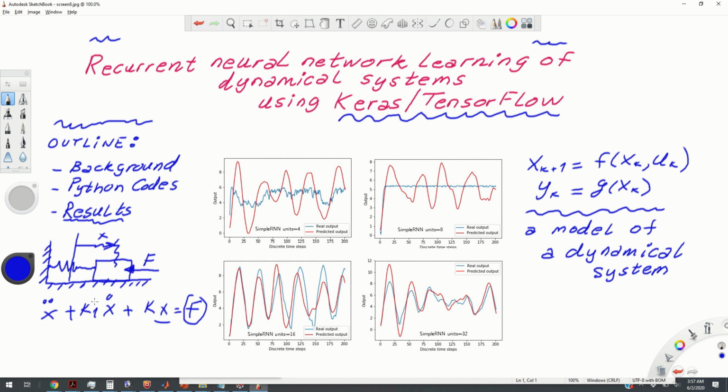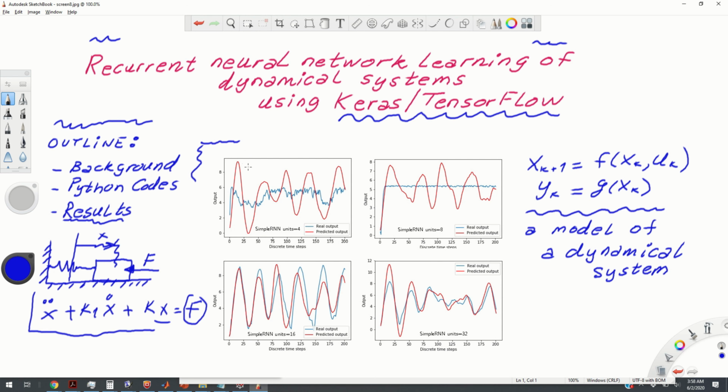So by testing machine learning algorithms on such a simple system, you can obtain some conclusions that might be useful for more complex systems. And the codes I'm going to present can easily be generalized to more complex models.